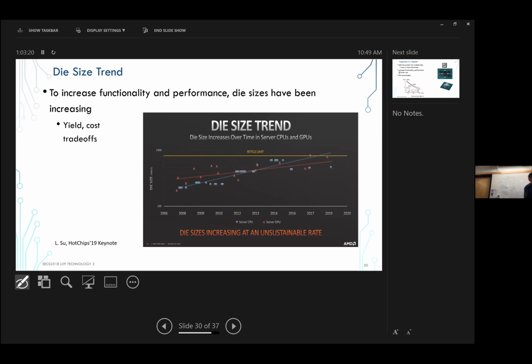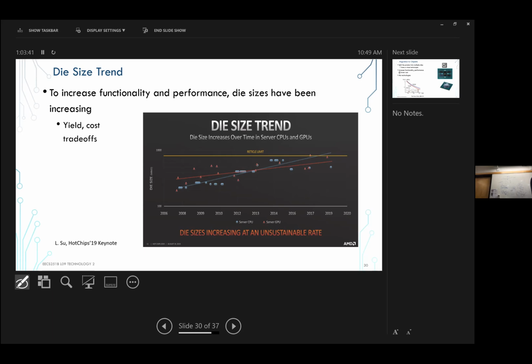And if you look at some of NVIDIA's GPUs, they're right there, along with Xilinx's FPGAs. So this die size creep up has been there to make up for the slowdown in Moore's law.